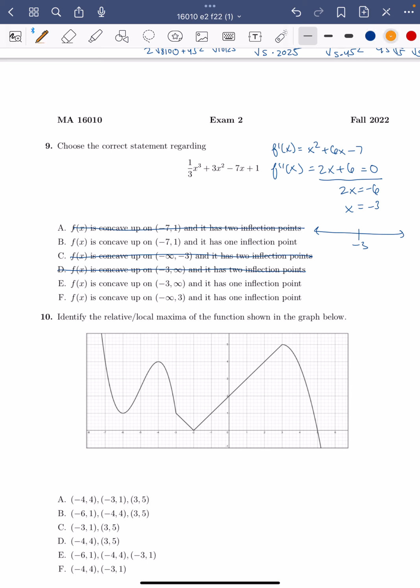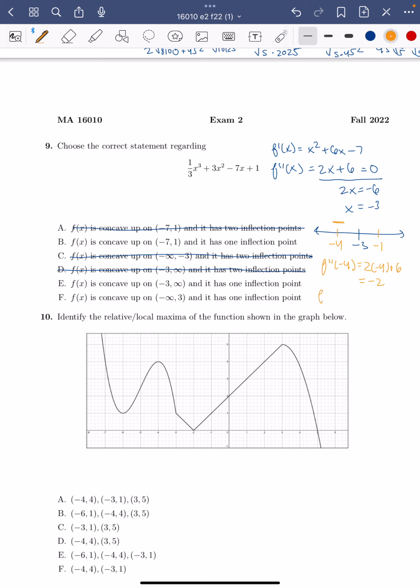To find where a function is concave up or concave down, we can use the points surrounding this. So let's use -4 and -1 because those are pretty simple numbers. Let's plug -4 into f double prime. f double prime of -4 equals 2 times -4 plus 6, which equals -2. Because the second derivative is negative, anything to the left of -3 is concave down.